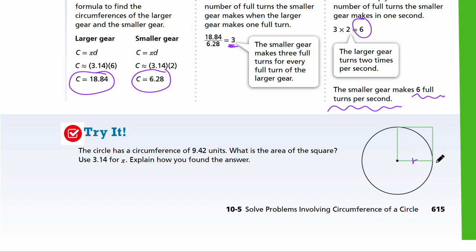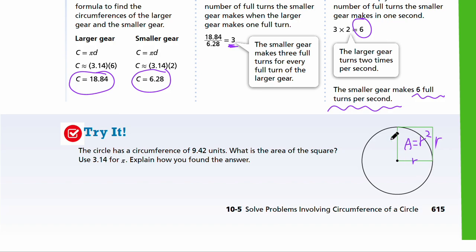So if this is r, the radius, that is also r. So your area of the square would be r squared, right? So figure out r and you square it. Remember, r squared is not the same as 2r, so it is not the same as the diameter.